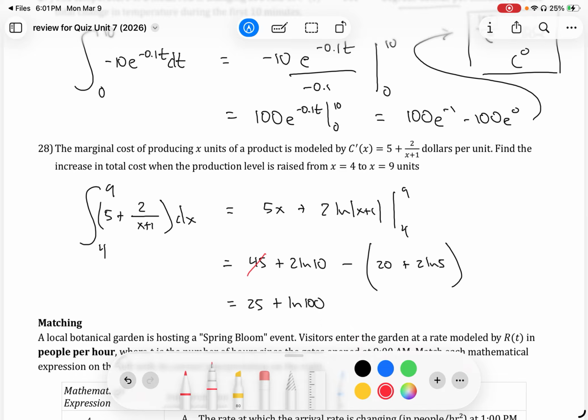I just combined the 45 and the 20 to get 25, and simplified 2 ln 10. Now I'm going to do minus ln of 25, because that would be 2 ln 5. Using a property of logarithms, that's 25 plus ln 4 dollars, because I can divide 100 by 25.